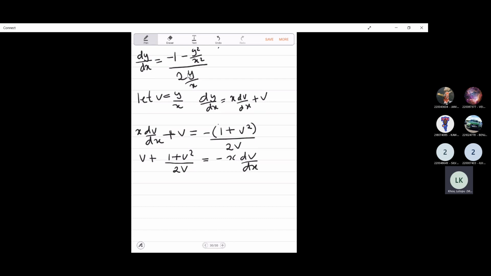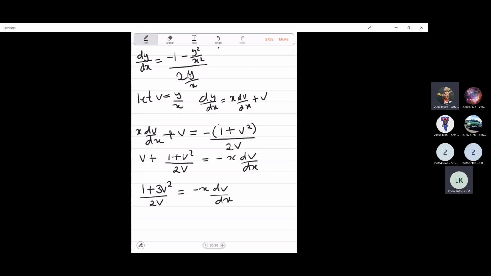Okay, combining these two, I have 2v squared plus 1 plus v squared. So I have 1 plus 3v squared over 2v is equal to minus x dv/dx.